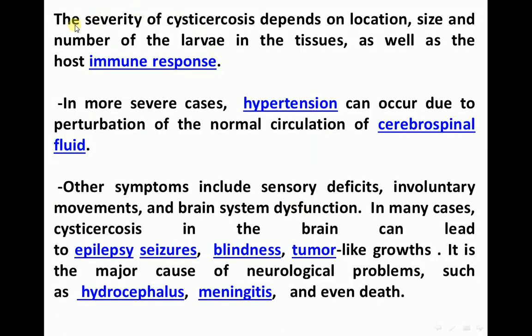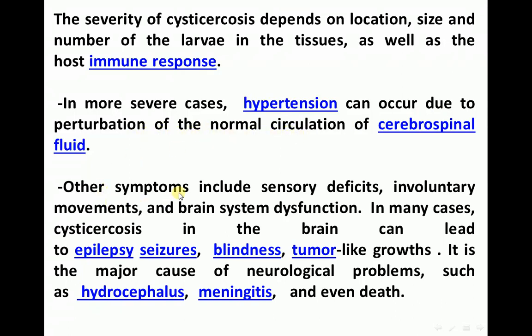The severity of cysticercosis depends on: number 1, location; number 2, size; number 3, number of the larvae in the tissues; number 4, as well as the host immune response. In more severe cases, hypertension can occur due to perturbation of the normal circulation of cerebrospinal fluid.